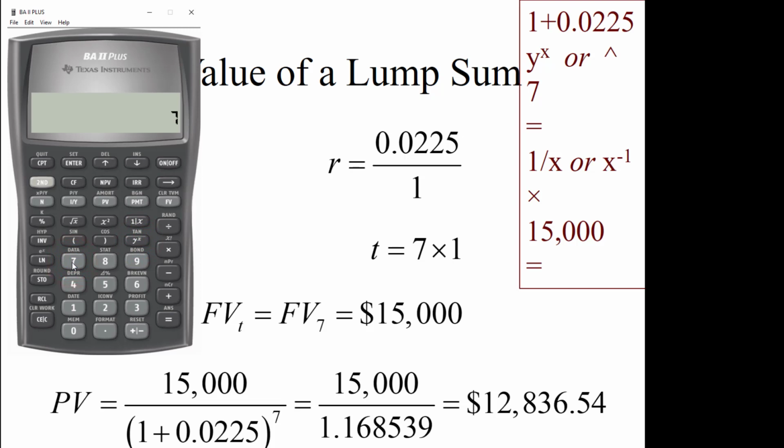So we're going to use our close parenthesis. And so now we have 1 divided by 1.168539. And we're going to hit our equal sign. And so now we have our present value interest factor, or the quantity of 1 divided by 1 plus 0.0225 raised to the 7th power. We multiply that by our future value of $15,000.